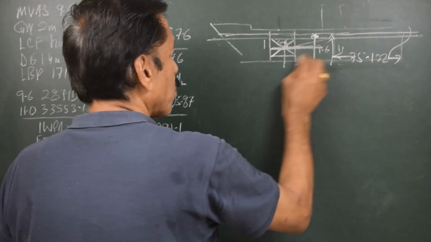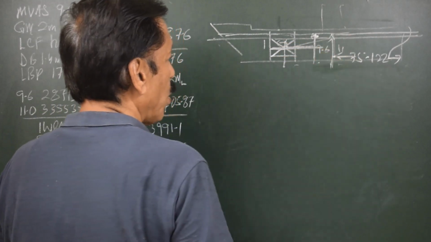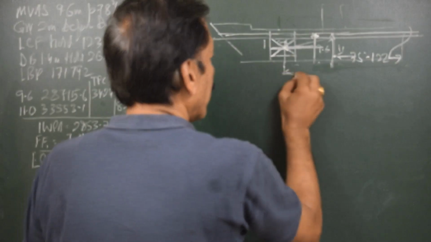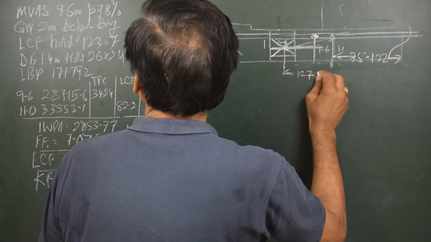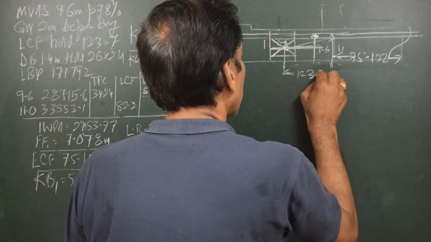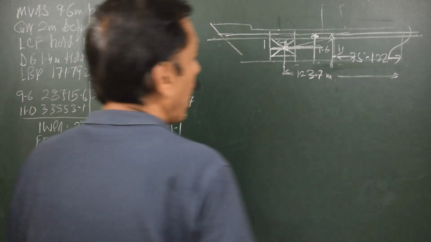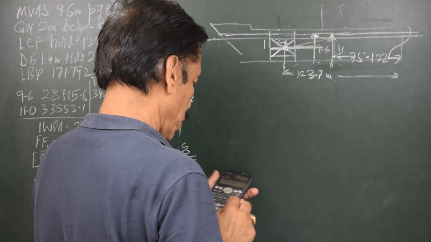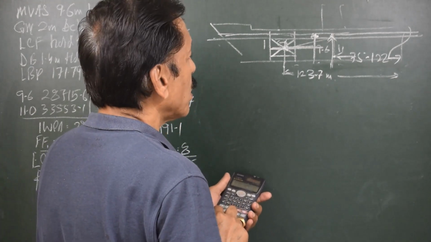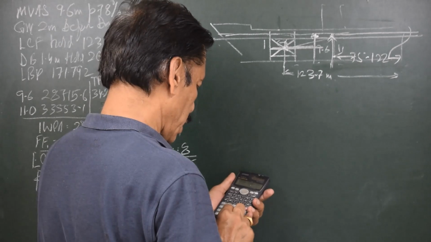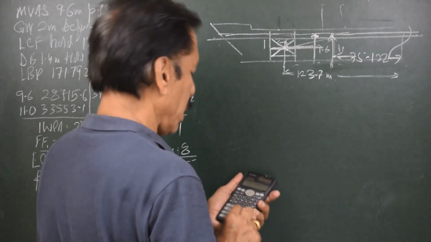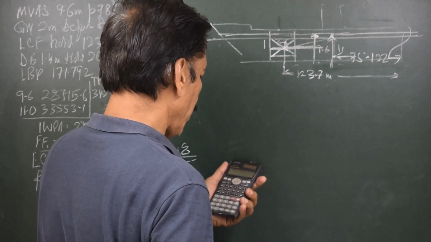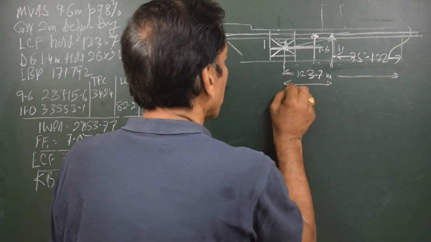The longitudinal distance between the loss of buoyancy and replenishment of the buoyancy: this position is 123.7 meters from aft perpendicular, and the point where the buoyancy is replenished is 75.122. So the distance between them is 123.7 minus 75.122, that is 48.578.